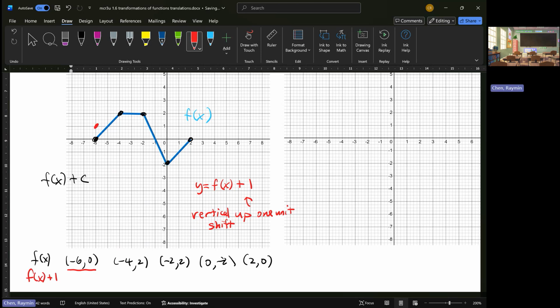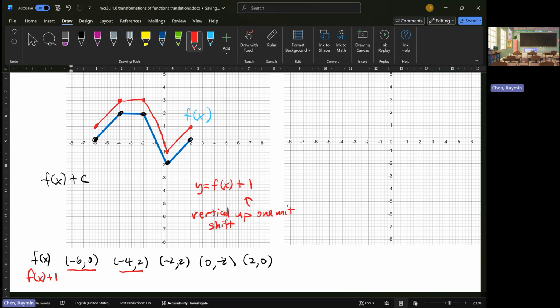That's (-6, 1). Follow the same pattern. That new point, (-4, 2), is now going to be at (-4, 3). The third point is going to be, and you guessed it, most of you can do this innately, and you've successfully vertically shifted this function up 1 unit.